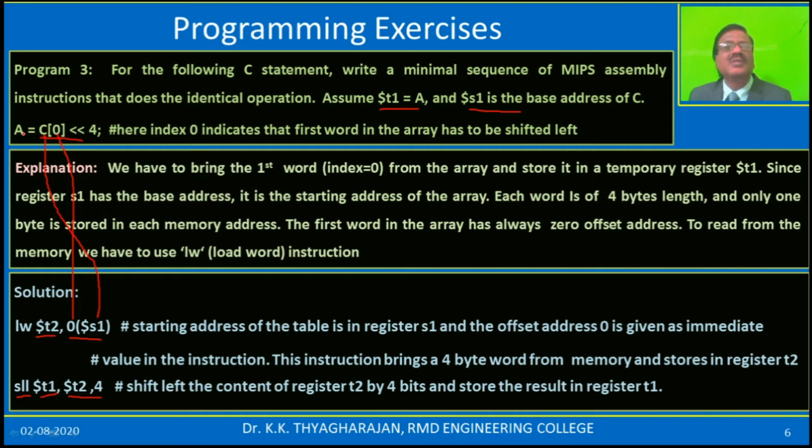T1 is nothing but that A. It is given here. So by executing these two instructions, you will be able to bring the word from the memory, and you will be shifting left by 4 bits, and you will be storing it in T1.